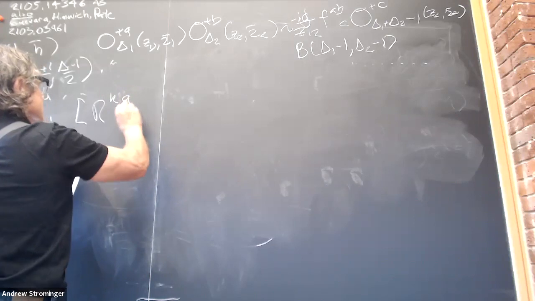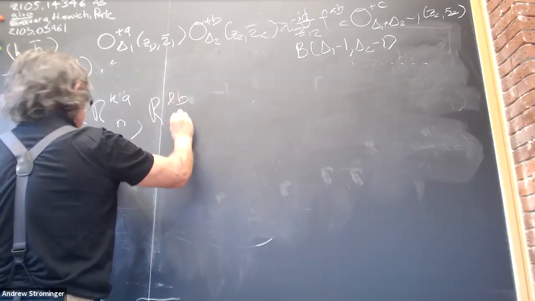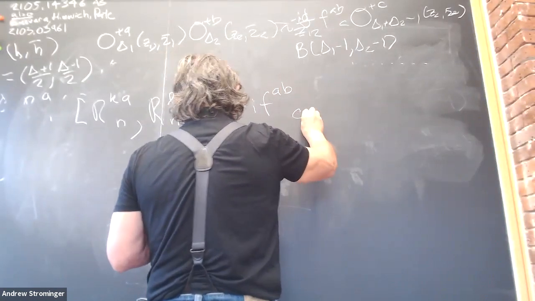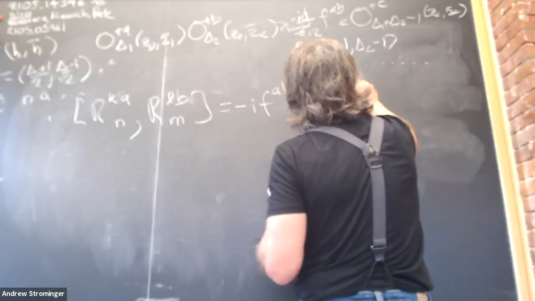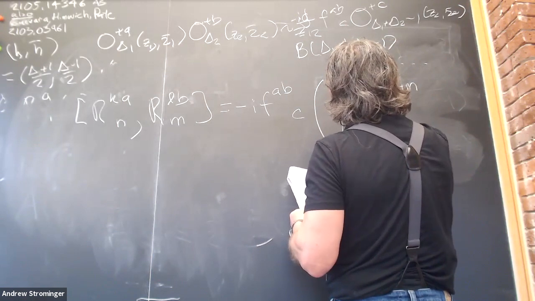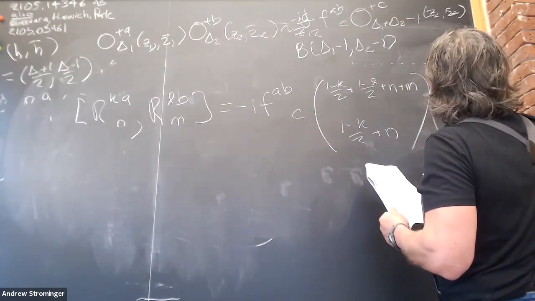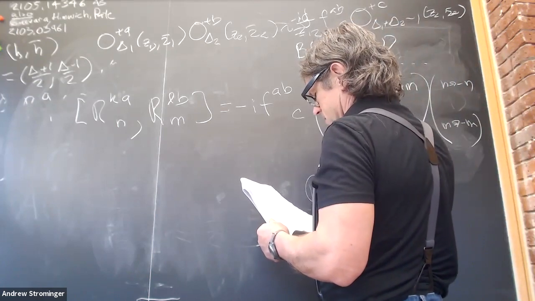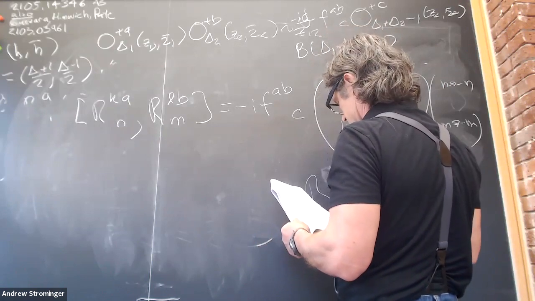Now, I emphasize again that these things each depend on Z. They're each a Kac-Moody current on the celestial sphere, with commutator minus i f^{ABC} and then something rather complicated, and it all follows from this operator product expansion: 1 minus K over 2 plus 1 minus L over 2 plus N plus M over 1 minus K over 2 plus N. Now, our paper is full of long formulas like this, and I promise this is the only one I'm going to write, times N goes to minus N, M goes to minus M, times R^{K+L-1,C}_{N+M}.